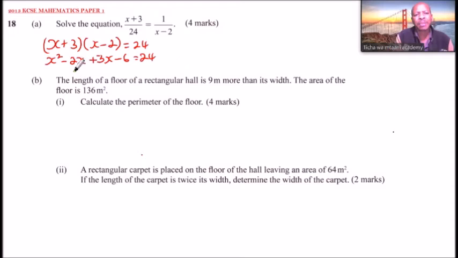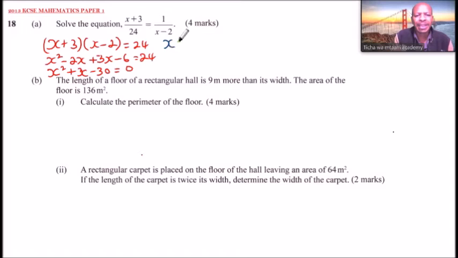Put the like terms together. So this will give you x squared, minus 2x plus 3x will give you plus x. Then you bring 24 to this side, it becomes minus, so minus 24 minus 6 becomes minus 30 is equal to 0. This is a quadratic equation, so we can solve it by the factorization method.